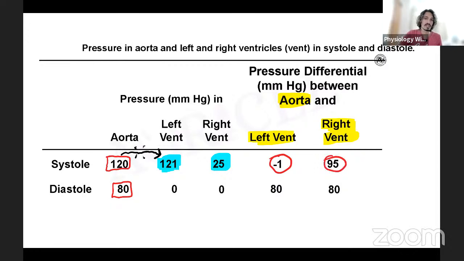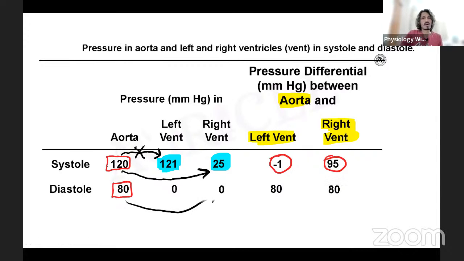There will not be any flow in this direction. But on the other hand, if you look at the right ventricle, the pressure is much lesser, around 25. Because of this, from the higher pressure of 120 from the aorta, it can pump to your ventricle. So there is a pressure gradient of around 95.